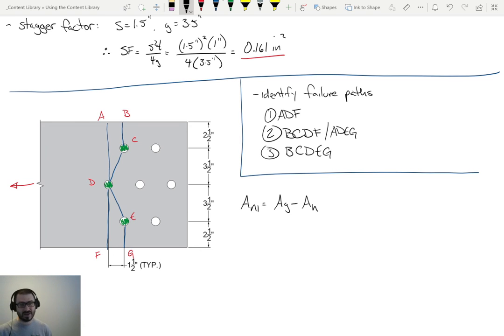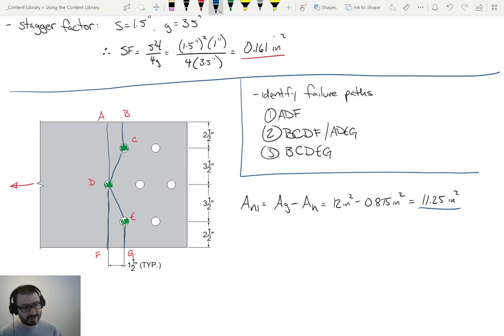Is there any diagonal path along ADF? No. So there's our failure path. And so that's 11.25 inches squared. That is a particular net area for a particular path.